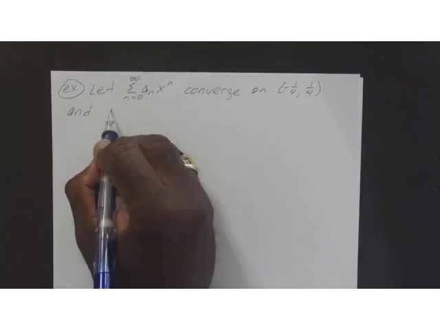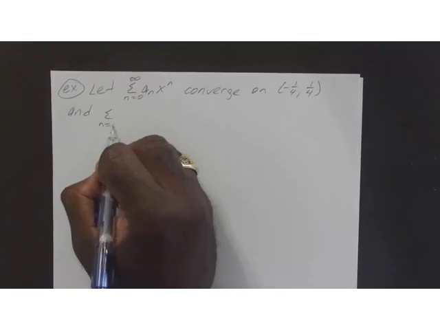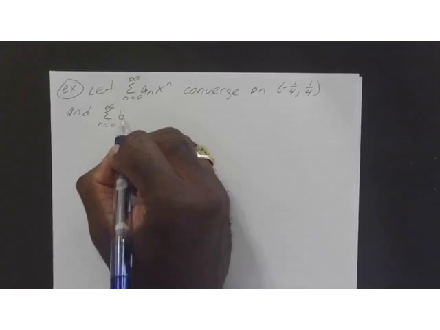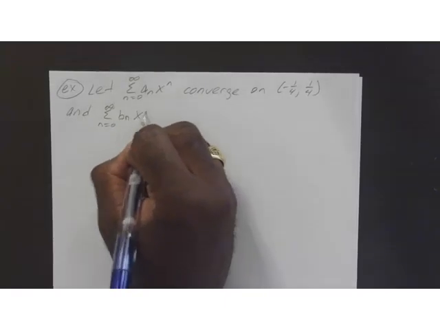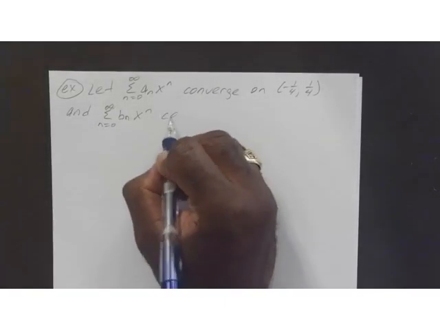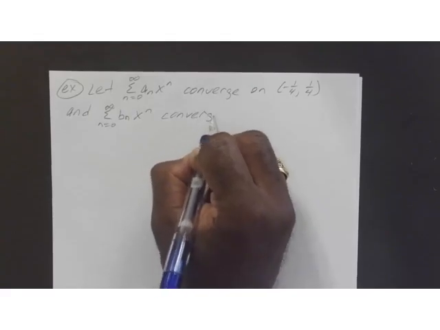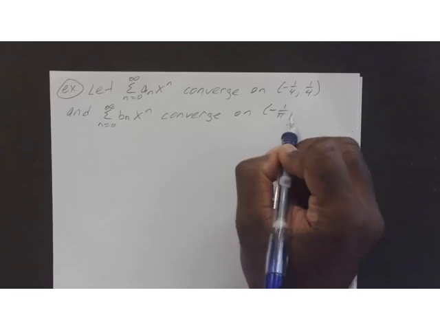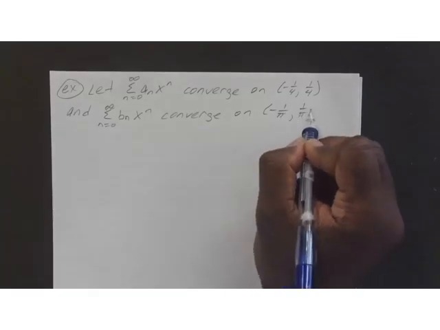And we know the power series, the sum from n equals 0 to infinity of b sub n times x to the power of n, converges on the interval from negative 1 over pi to 1 over pi.